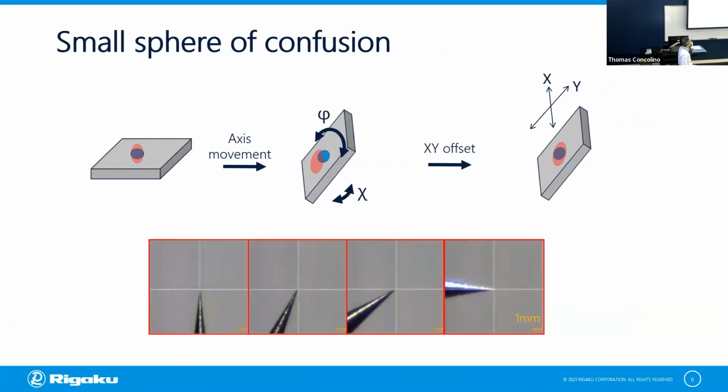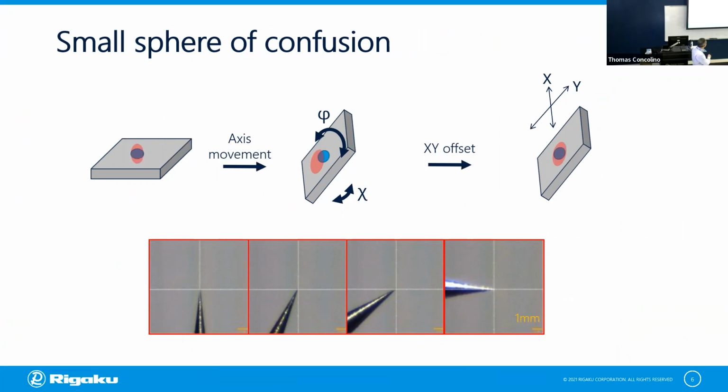All right, so then the sphere of confusion: to achieve less than 10 micrometers. What we are doing is, we found that with the open-cradle system it's very difficult to achieve a sphere of confusion of less than 10 micrometers. So that's why we decided to have a correction matrix.